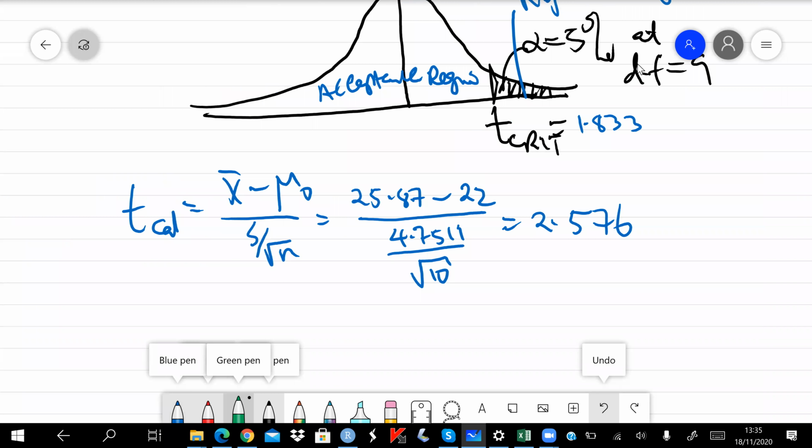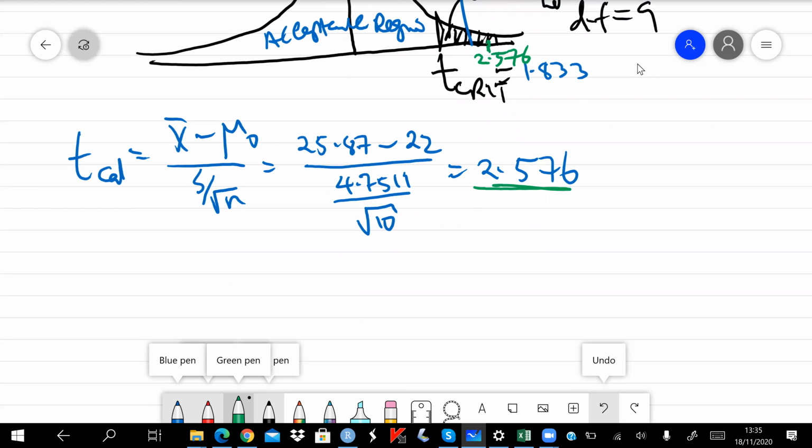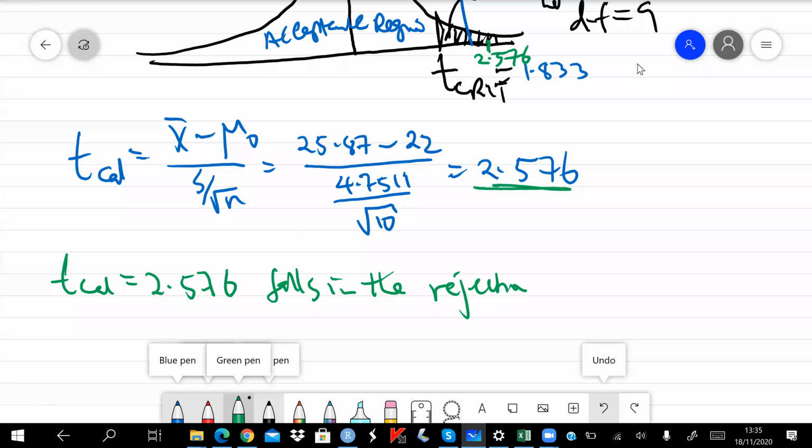Okay. So the next thing is to say whether this calculated value falls in the acceptance region or in the rejection region. If you try to locate this value on the distribution, this will be here, 2.576. So we observe that t calc, which is 2.576, falls in the rejection region or the critical region. Hence, that tells you what to do with the null hypothesis.